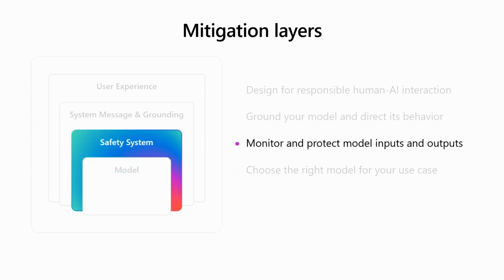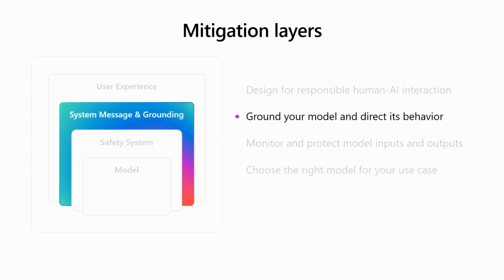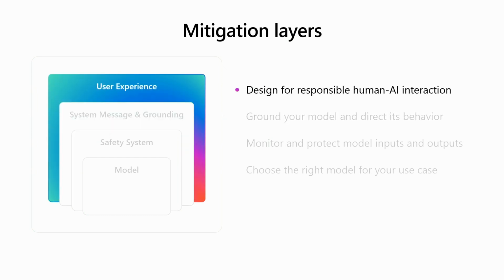On top of that is the safety system, which can help you monitor and protect your model inputs and outputs, what we earlier saw with prompt and completion filtering. On top of that, could be very application-specific, using different types of safety templates, is the system message, and different methods for grounding to direct its behavior. And as I showed you before, the front end of a copilot, all the way up to the user experience, to design for responsible human-AI interaction.